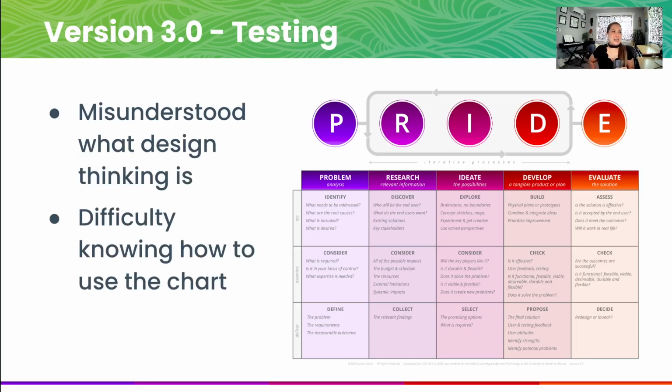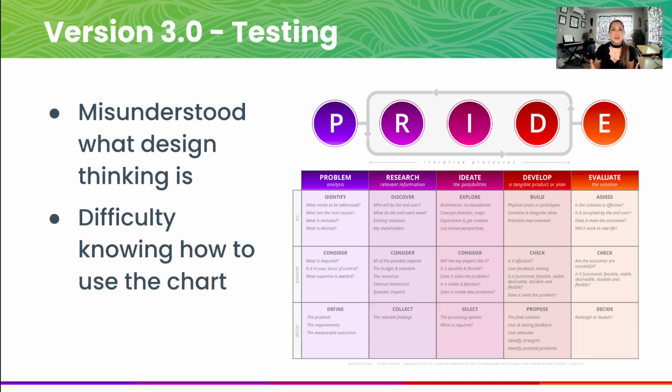And apparently I didn't do it enough, because when I brought this to our strategic planning meeting in our department to hand out, there was a lot of misunderstanding about how to use it. One of the first comments was, we don't really have a problem here. We can't start with problem analysis because there's nothing wrong.